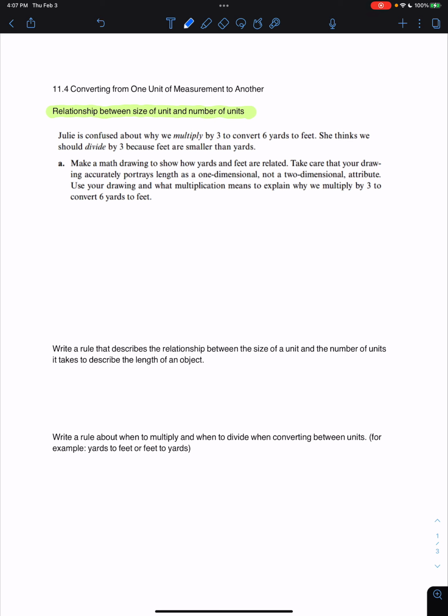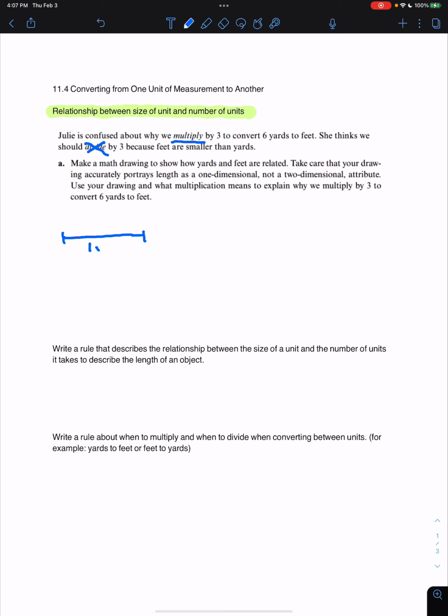We are going to make a little drawing here to show the relationship between yards and feet and to help us understand intuitively why it is true that we need to multiply by 3 and not divide by 3 to convert yards to feet.